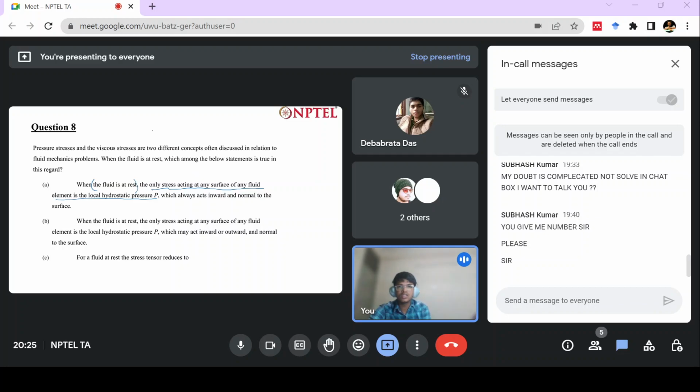So they are saying it is the only stress acting. So basically sigma ij, if I break this down into components, the only thing acting is the hydrostatic pressure, or the mechanical pressure, Pm. So minus Pm, minus Pm, minus Pm. The whole stress tensor becomes like this. So that is the statement. We have to judge whether this is true or false.